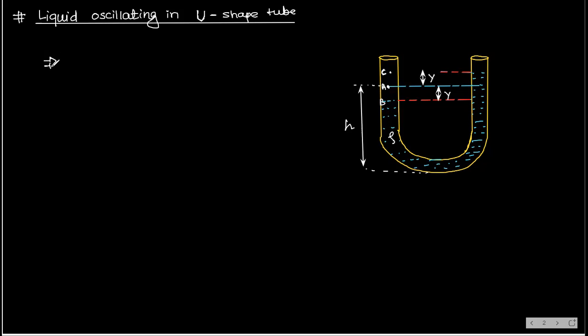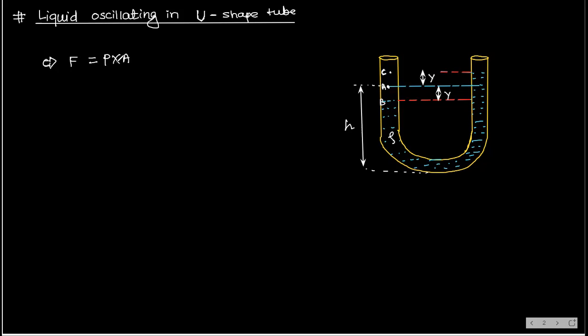Now see, in this case, force F is equal to P into A. Pressure is equal to force by area, so force is equal to pressure into area. Now, first of all, what is the pressure here?